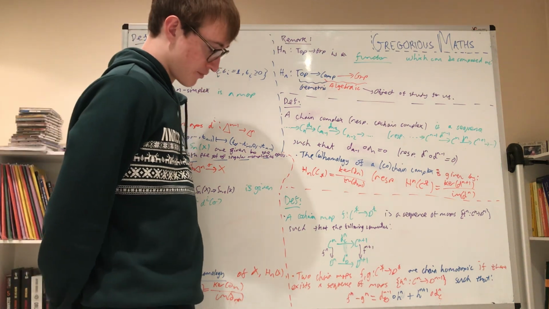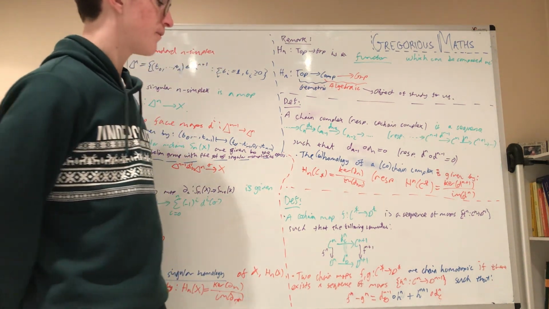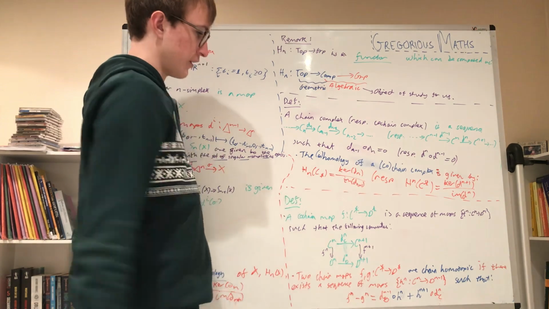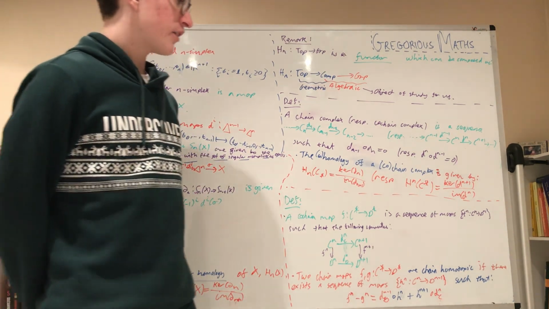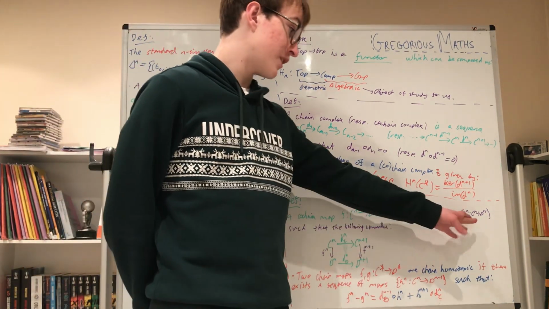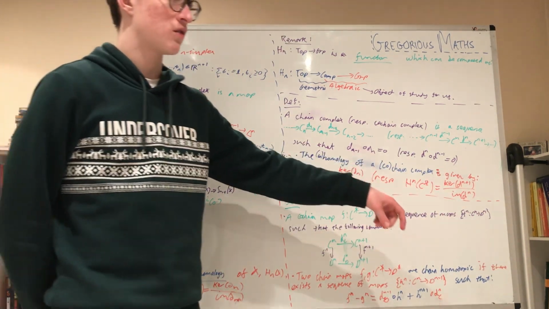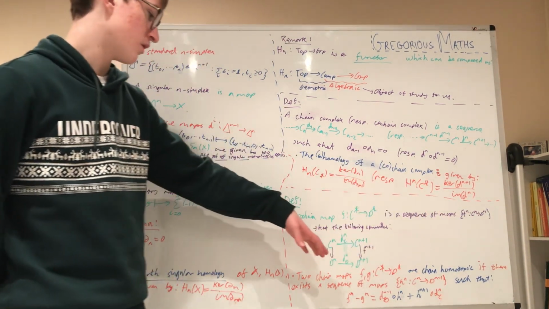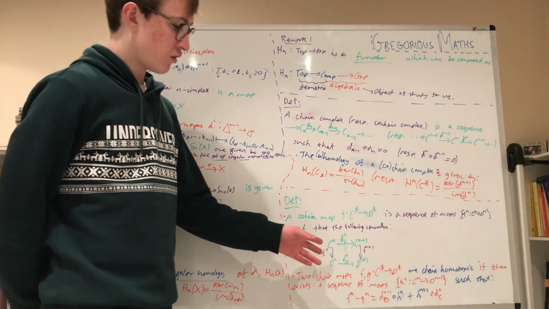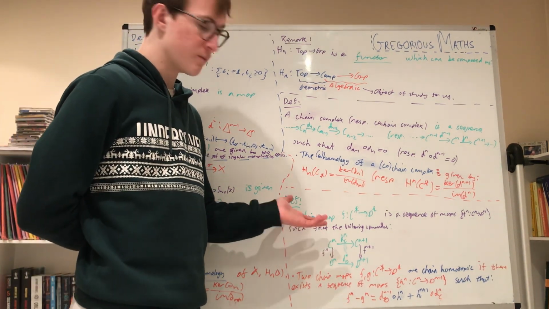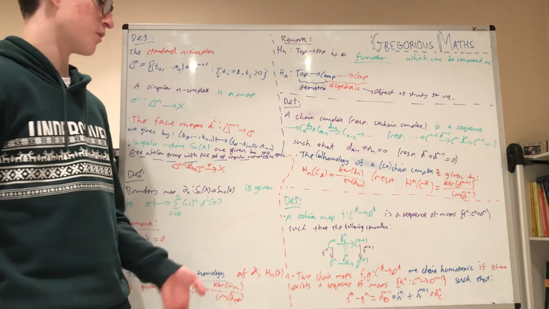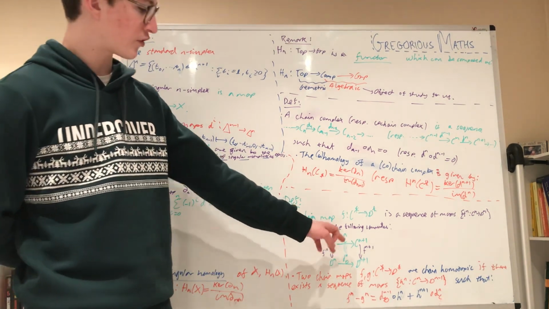A cochain map, F, between two cochain complexes, is a sequence of maps between the nth term of each cochain complex, which commutes with the differentials. If you want to be more precise, it makes the following square commute.